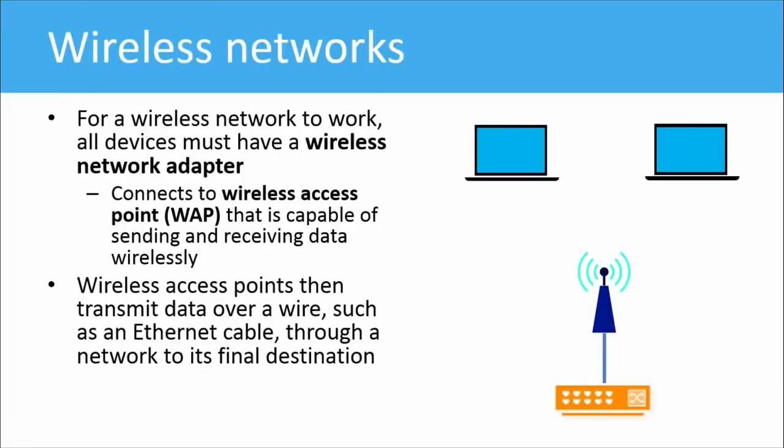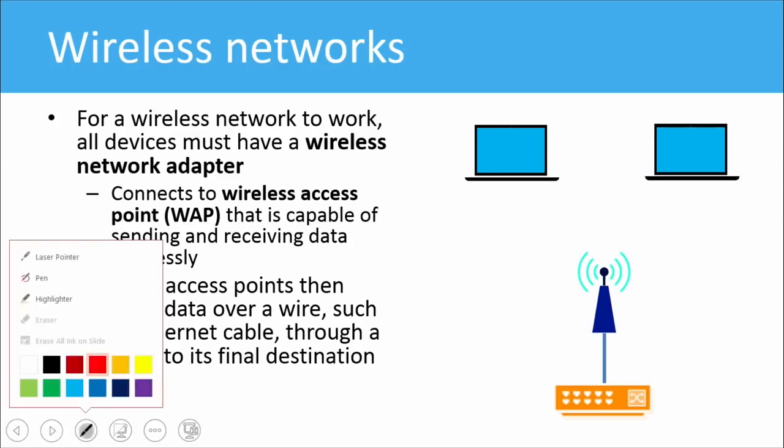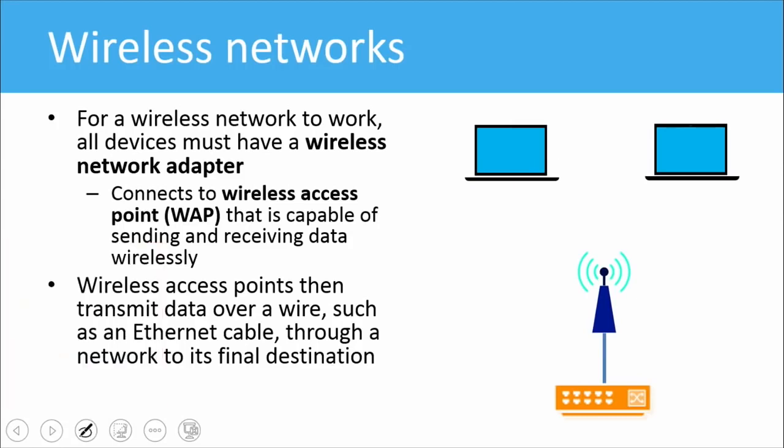All right, so let's talk about wireless networks. For a wireless network to work, all devices have to be connected through a wireless network adapter. It's a little bit different from the wired one that you saw a picture of earlier in one of our modules. I think it might have been Module 2. I can't recall. Don't hold it against me. Those devices connect through radio signals to a wireless access point.